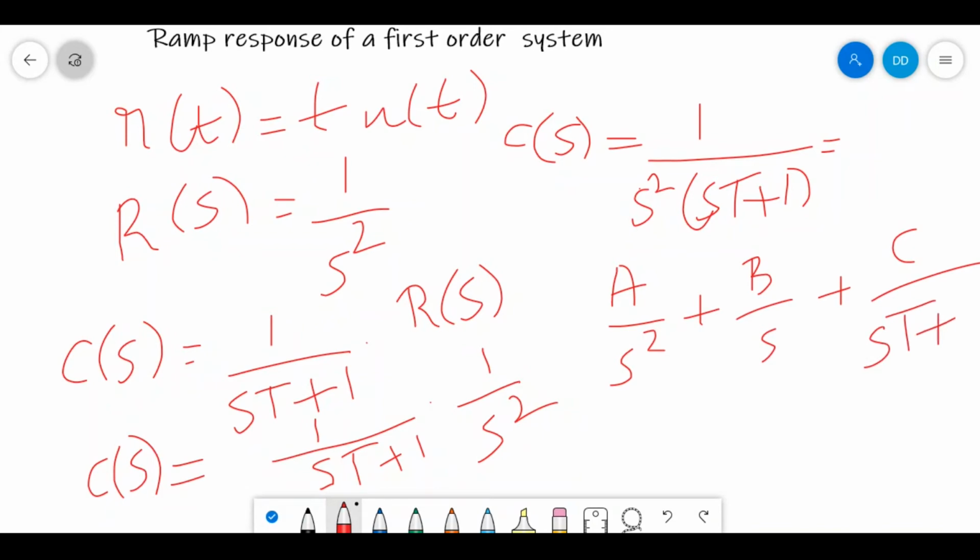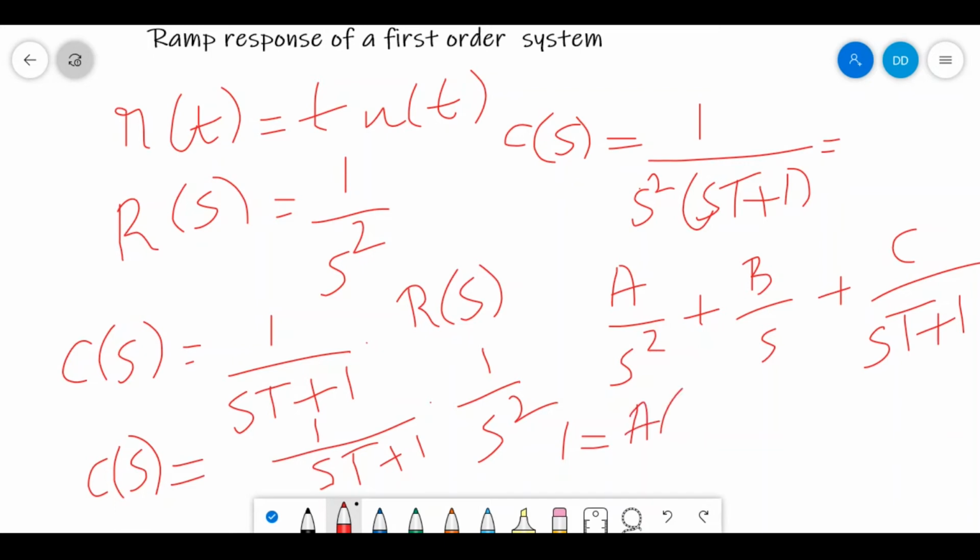So again we need to rearrange this and equate the constant terms and terms containing s cube, s square, s, and we have to find the values of A, B and C.